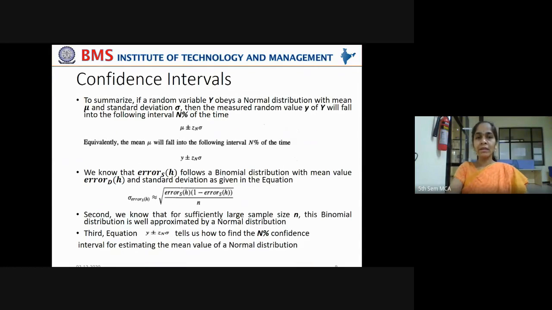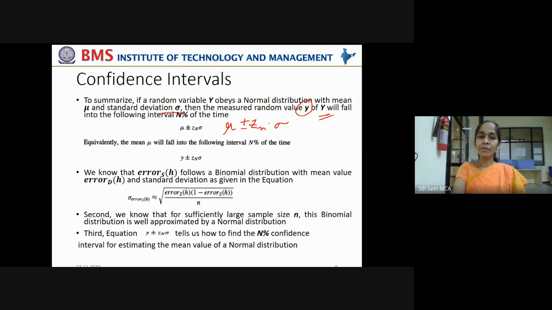Now to summarize, if a random variable y obeys a normal distribution with mean mu and standard deviation sigma, then the measured random value y of the random variable will fall into the following interval n% of the time: 95% of the time, 80% of the time. How do you calculate that interval? Mu plus or minus Z-score multiplied by the standard deviation.